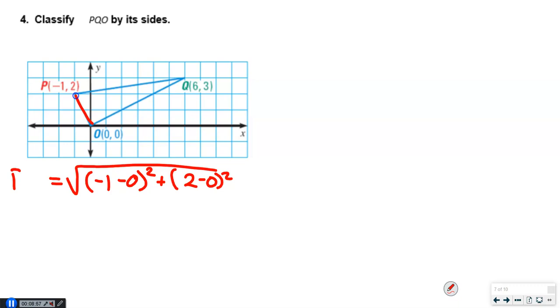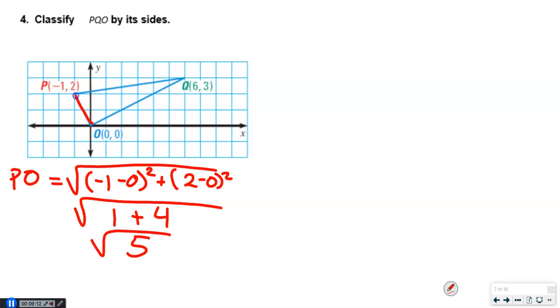So I'm dealing with PO here. So then I get 1 plus 4. So that is square root of 5. So PO is the square root of 5. That's its distance.